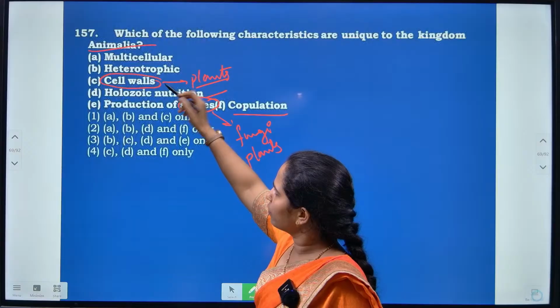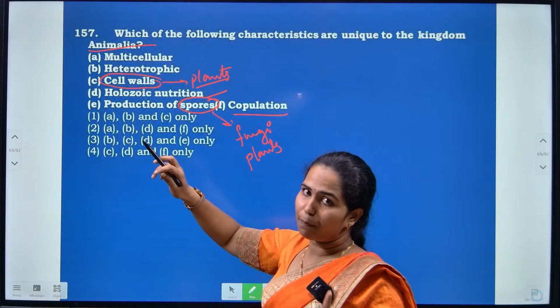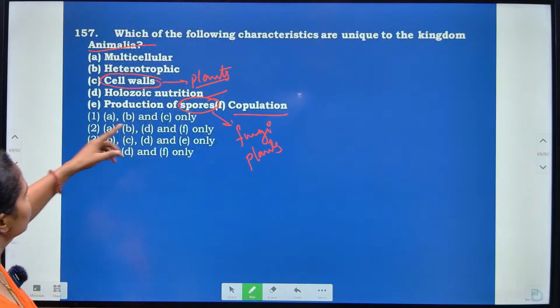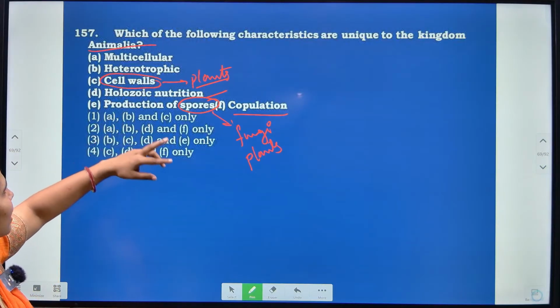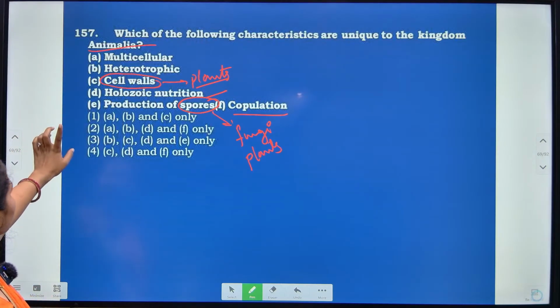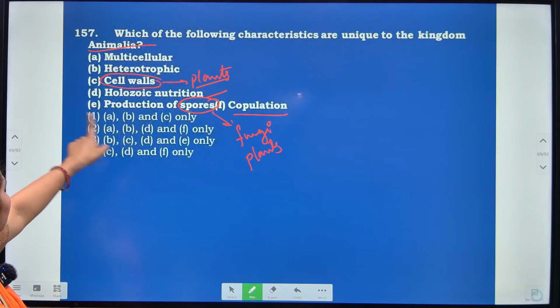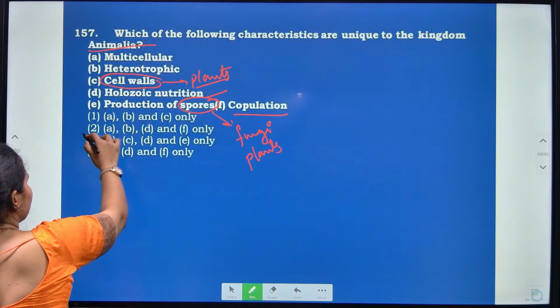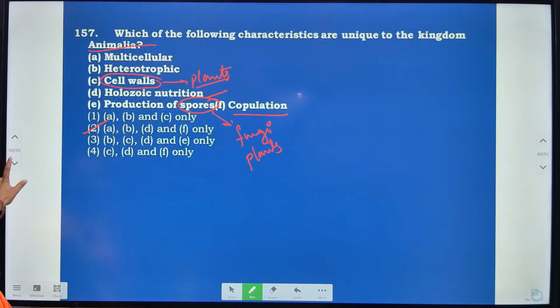Only these two differ because these are characters of the plant kingdom. So which option will be right? A, B, D and F only, yes. So option 2 is the right option here.